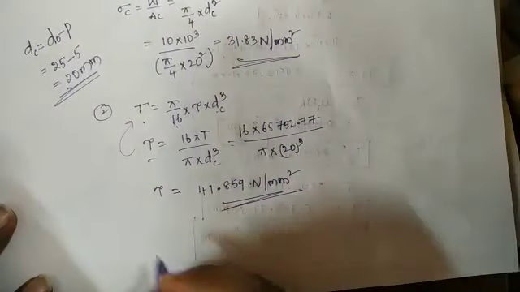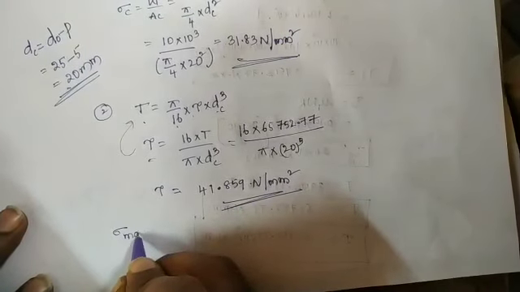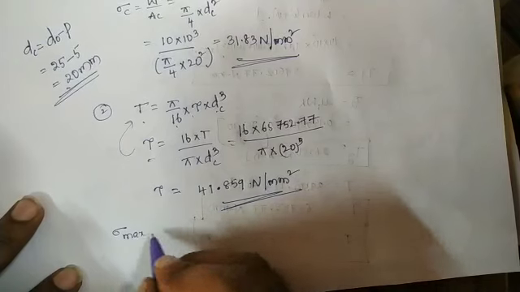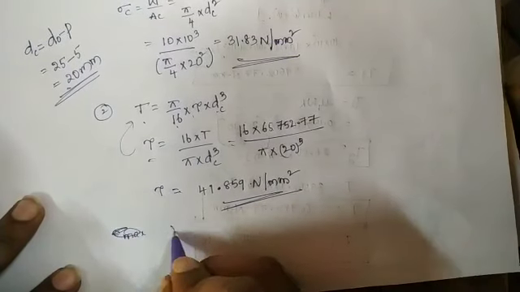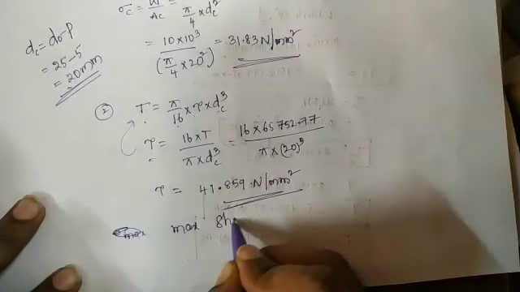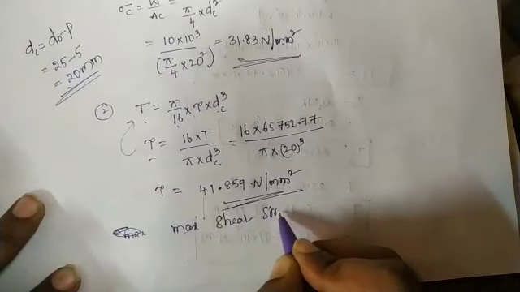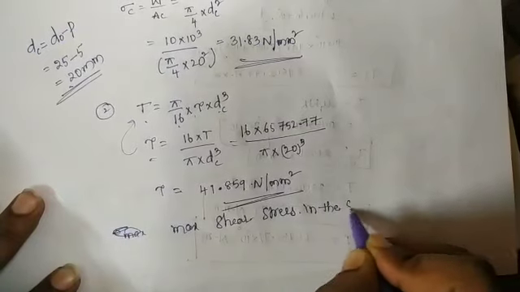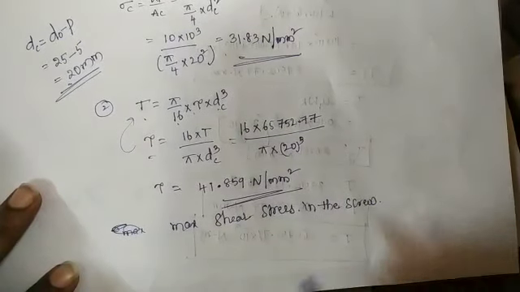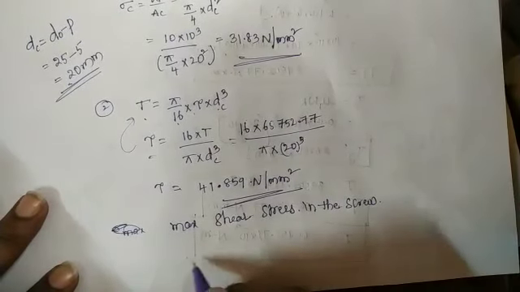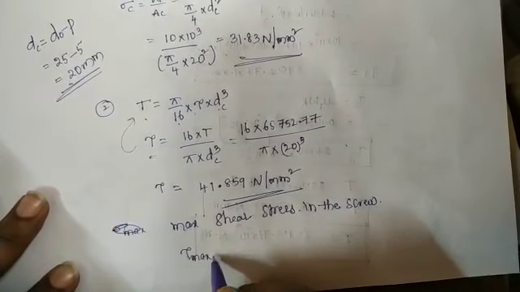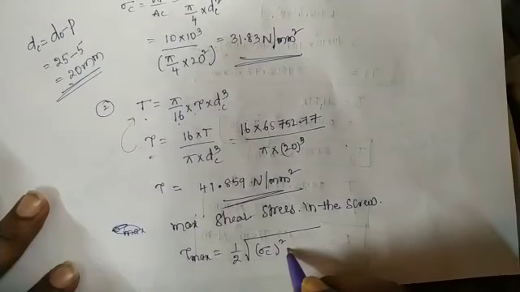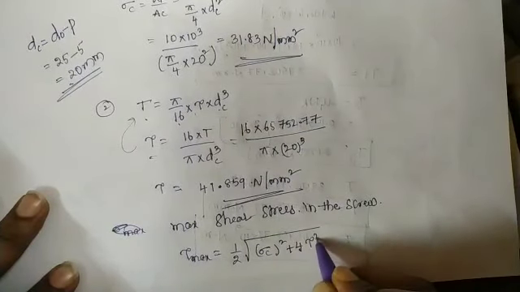Then the third one is the maximum shear stress in the screw. We know the formula, tau maximum equal to 1 by 2 into under root of sigma c whole square plus 4 tau square.